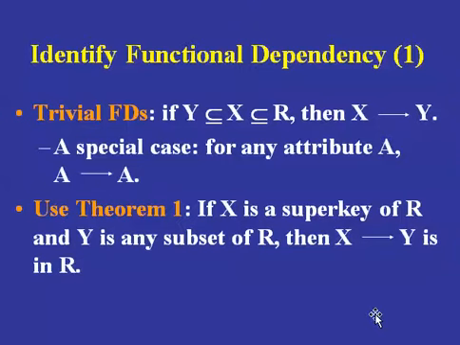Trivial functional dependencies is like the case of an attribute functionally determining itself, or a set of attributes which functionally determine a subset of itself. So that's what we call a trivial case because that's always true.